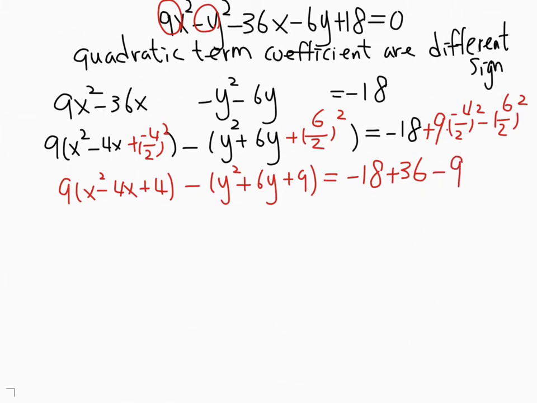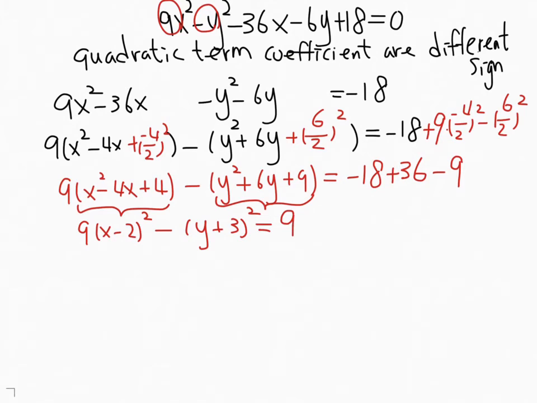3 squared is 9. So these three terms I can rewrite into perfect square form as x minus 2 squared. These three I can write into perfect square form as y plus 3 squared. -18 plus 36 minus 9, so that's positive 9.